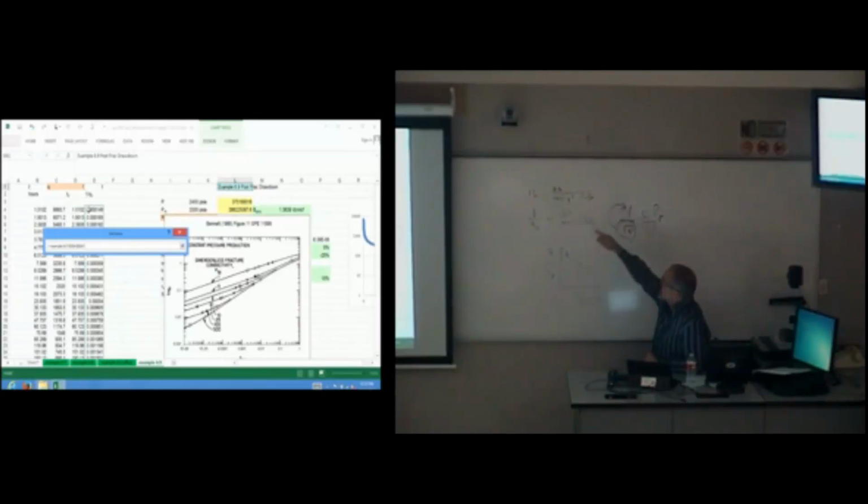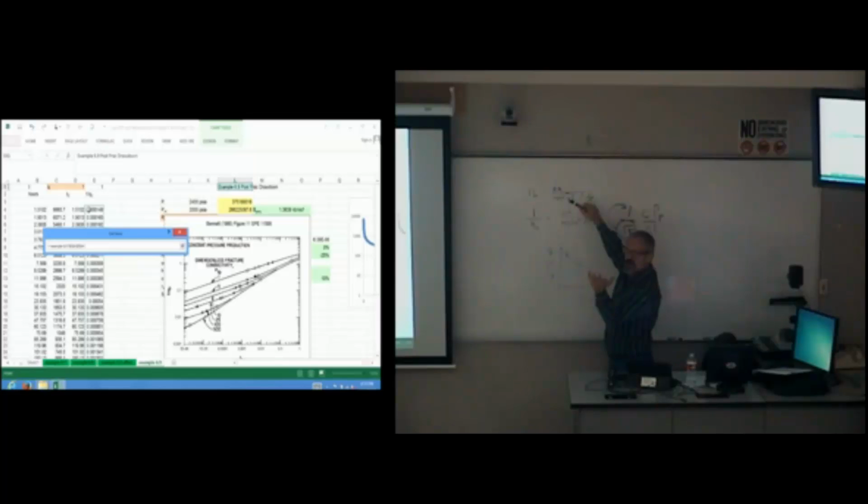You see the relationship between P sub D and 1 over Q sub D? In P sub D, rate is constant. There's only one rate. Our last problem, what was it, 816 MCF a day or something like that. Delta pseudopressure, if it's a drawdown, is pseudopressure initial minus pseudopressure of the well flowing.